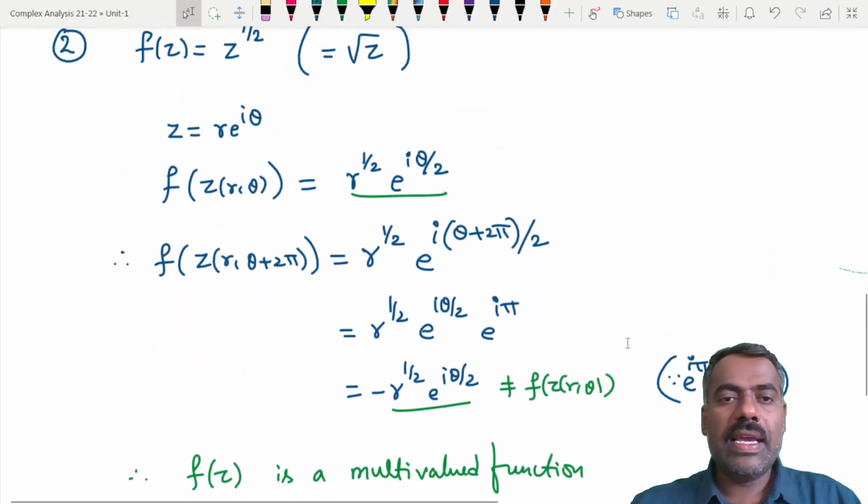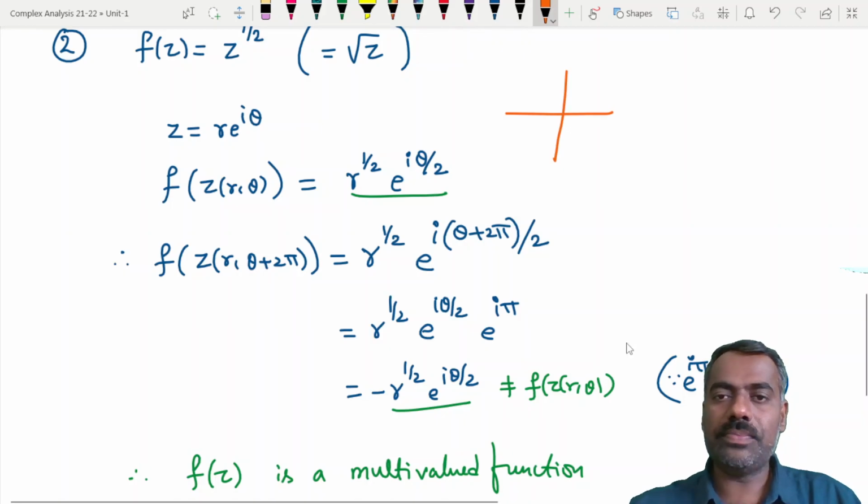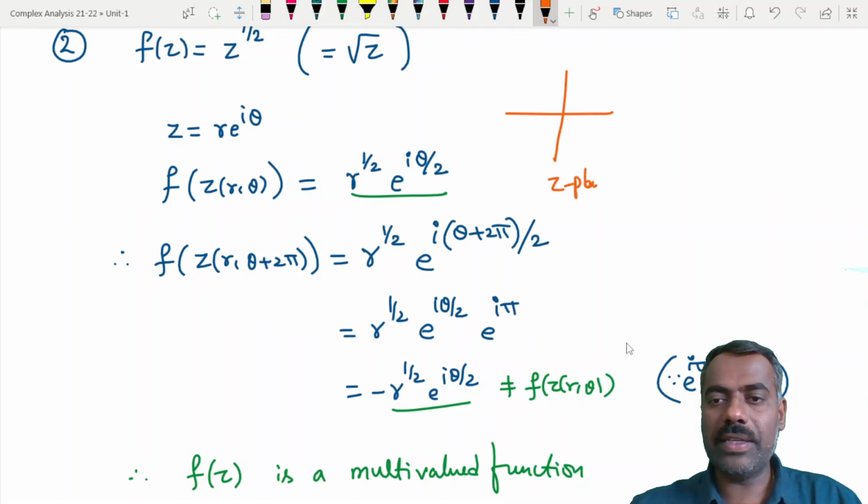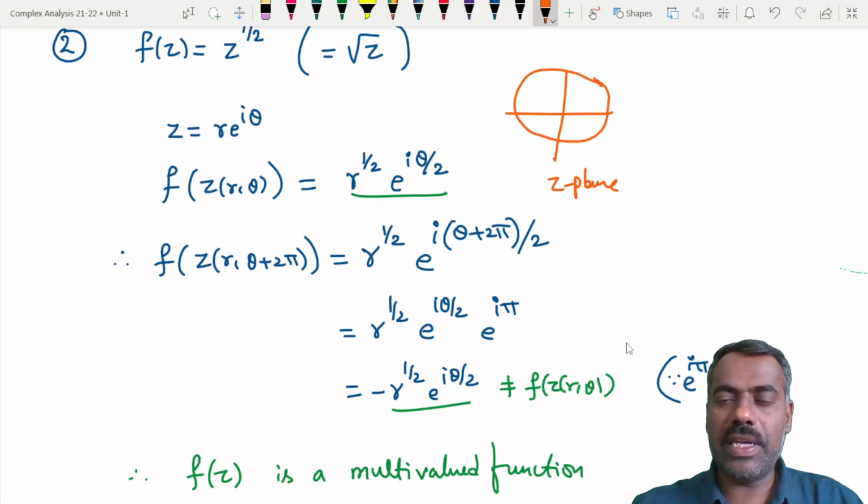Now remember, in the z plane, if you take a z here, and you go around a complete circle, that means this theta, if it goes around, it will become 2 pi.